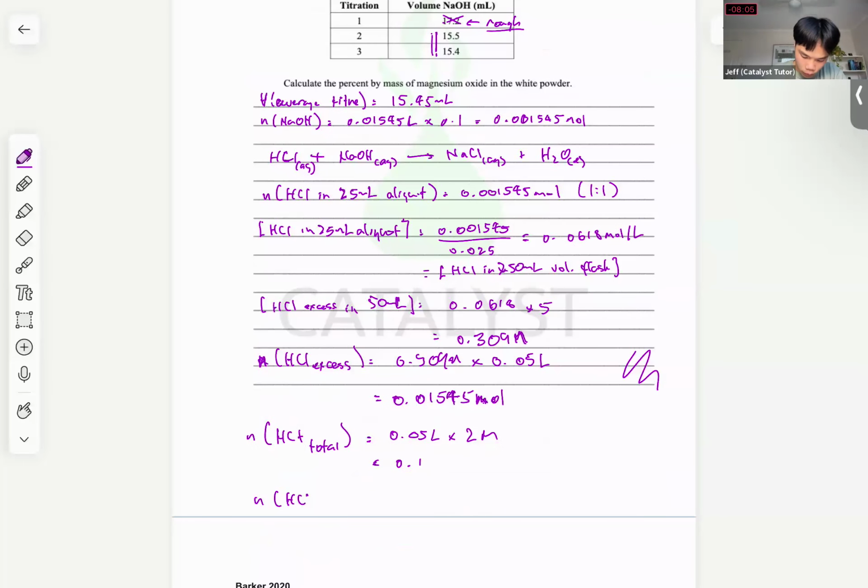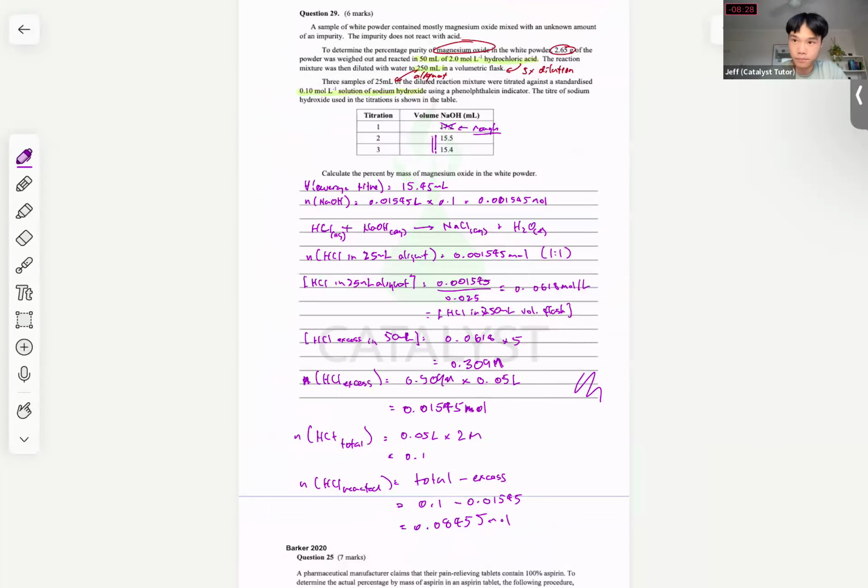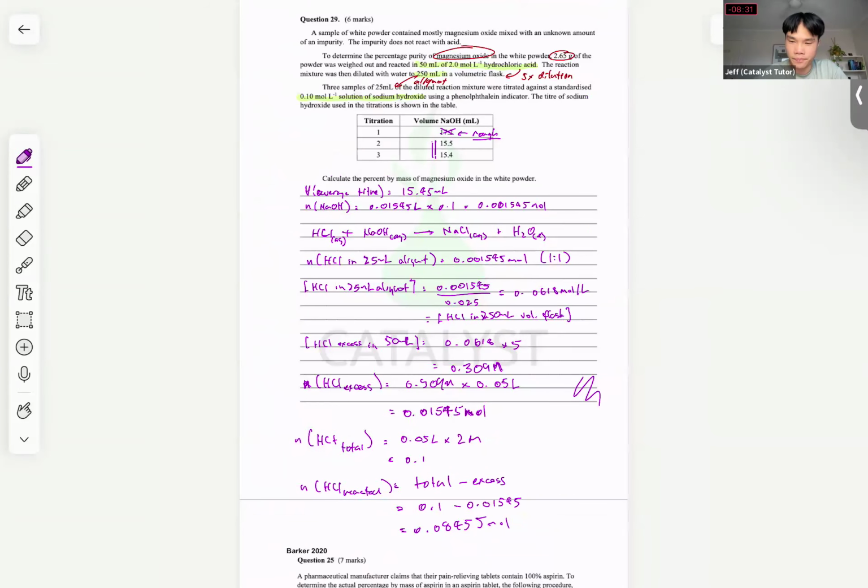And so the moles of HCl reacted is equal to the total minus the excess, which is equal to 0.1 minus 0.01545. And that gives 0.08455 moles of HCl reacted. Okay, any questions there?